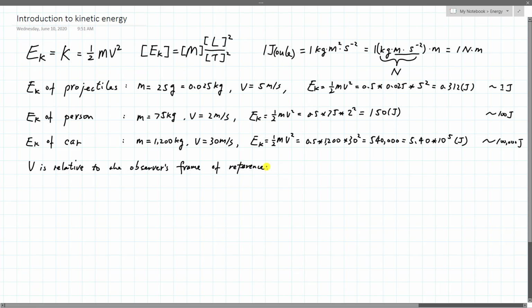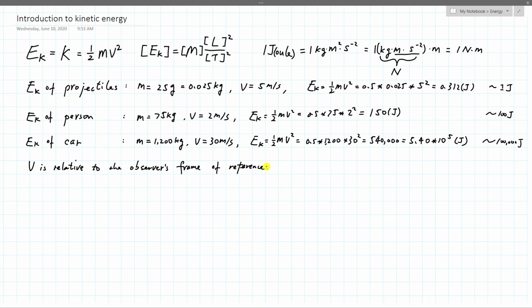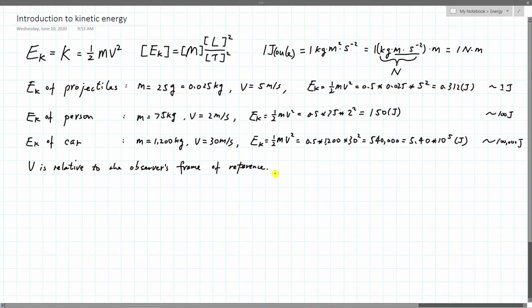So basically, if you change this frame of reference, say if you go from someone on the ground observing your vehicle to someone, say, on your vehicle or on a different vehicle moving at a different velocity, then the kinetic energy value is going to change. So we call this not invariant to changing of observers.